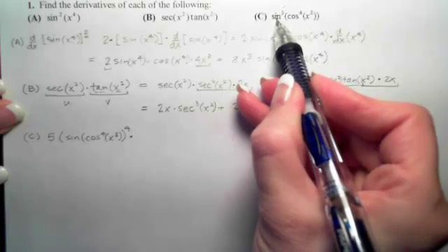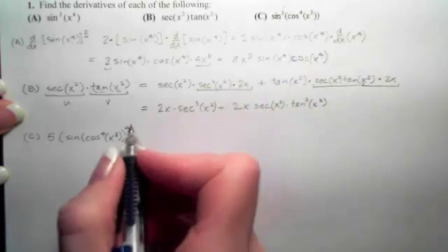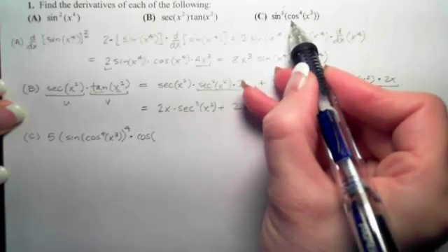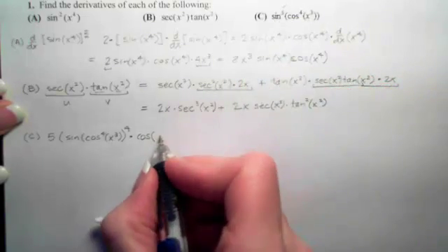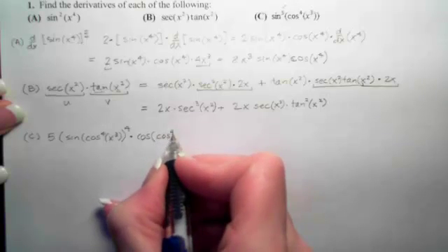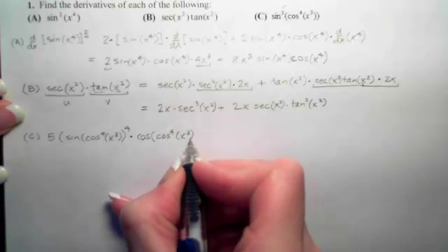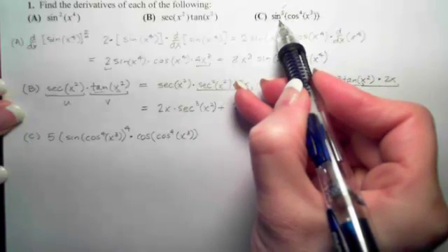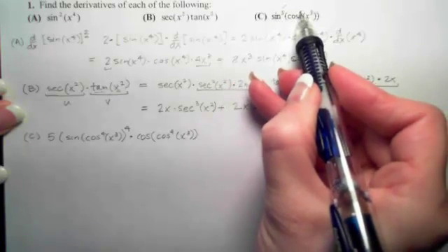The next thing I hit is the sine. Well, the derivative of sine is cosine, and notice that inside that sine I have all of this, so that's going to stay the same. So now I've taken care of the power, I've taken care of the sine. The next thing I hit is this power of 4.